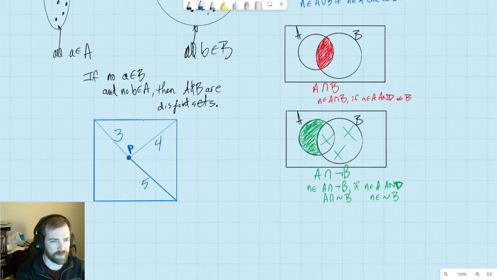So again, P could be like here. This one could be 4, this one could be 3, and this one is not going to be, but possibly could be 5. Right, it's far too long comparatively to the other two, but I think you probably get the point. There are no guarantees on the angles or anything like that.